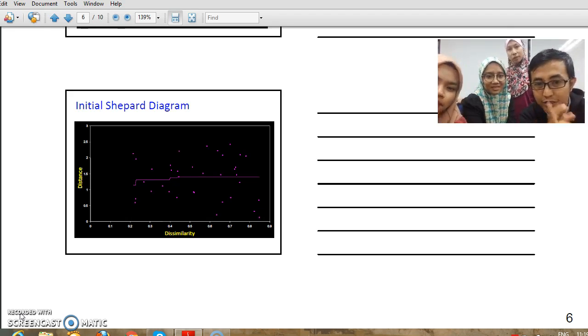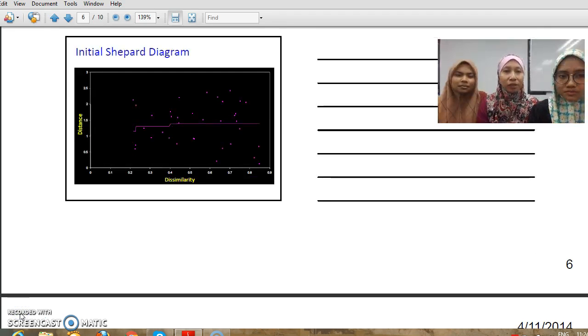From this, we start with the diagram first. For this example, we plot the distance versus dissimilarity. After that, we get the monotonic regression line.